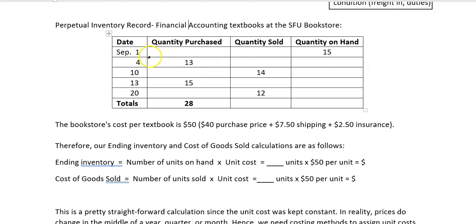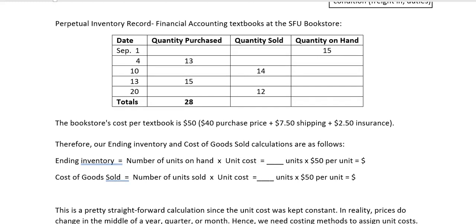So on September 1st, the start of the reporting period, which is the month of September, we have 15 textbooks on hand. And on September 4th, we have our first transaction of the month, and we have a purchase of 13 textbooks.